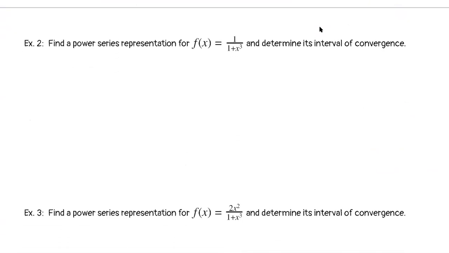Let's try it out. Example number 2 says find a power series representation for f of x equals 1 over 1 plus x cubed, and determine the interval of convergence.